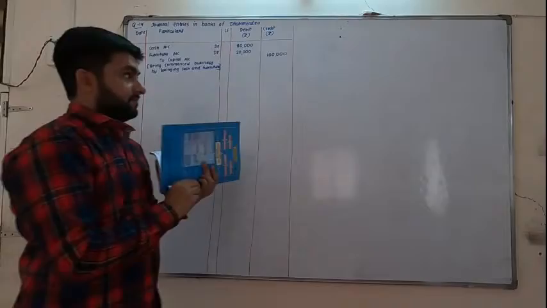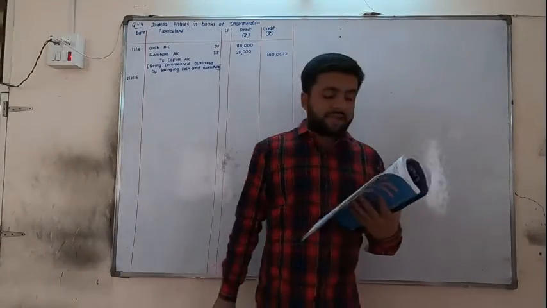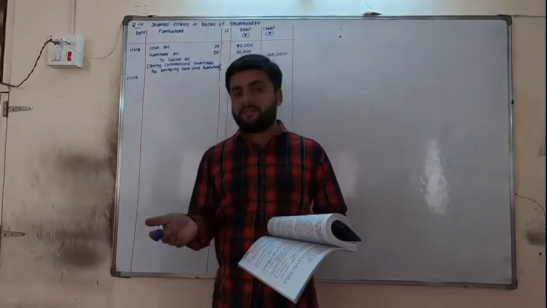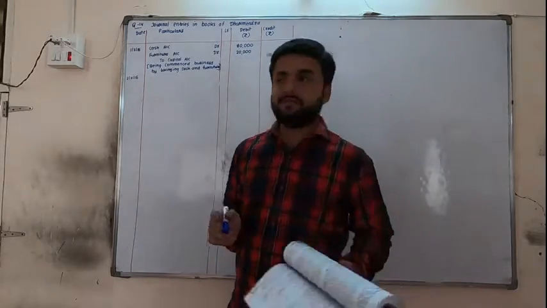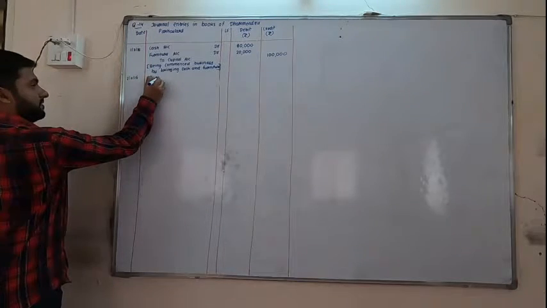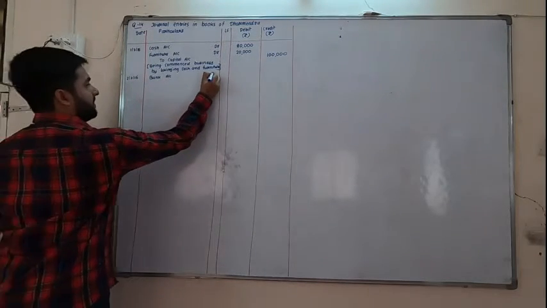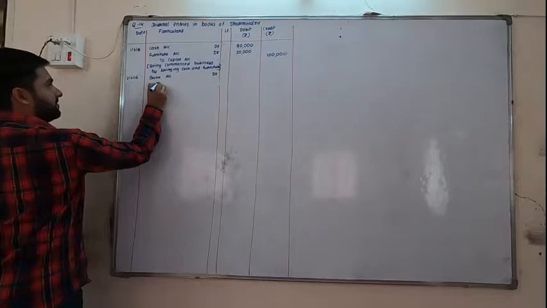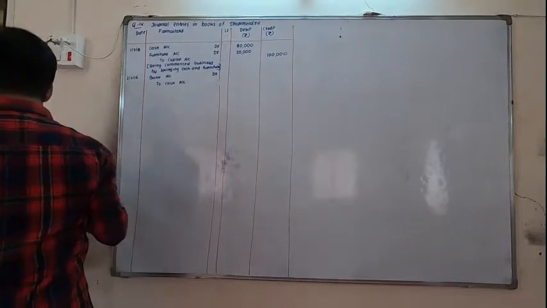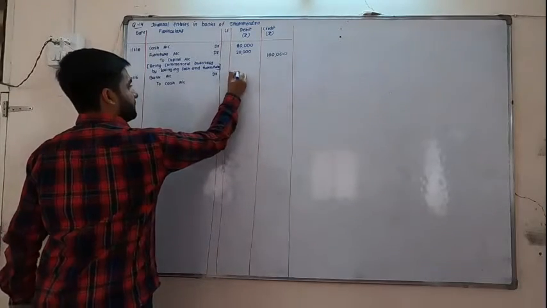Next, 2/7/16. A bank account is opened by depositing 30,000. Bank is the receiver of our cash, cash is going out, so bank debit, cash credit. Bank account debit to cash account, amount 30,000.